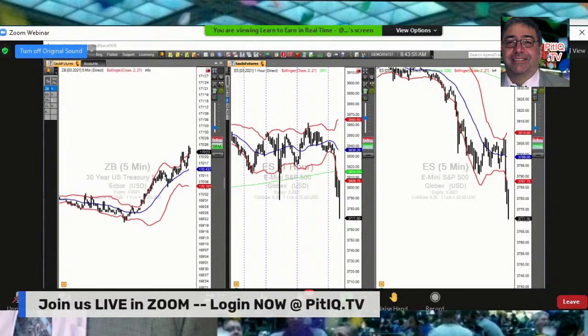See what it wants to do down here. Again, scale in a little bit differently if you're going to. If not, just take in one point level because the volatility is too great, then that's fine too. Just be patient.